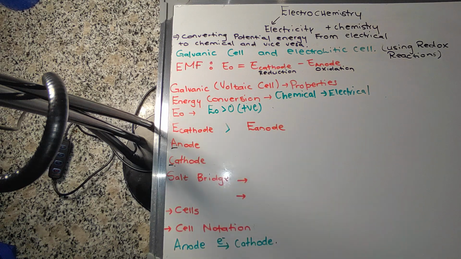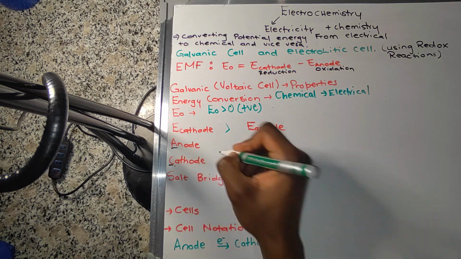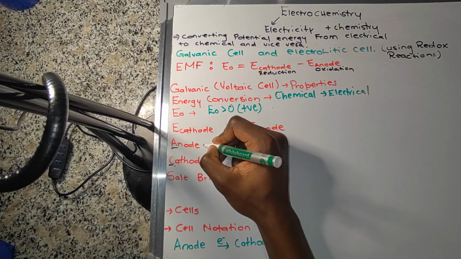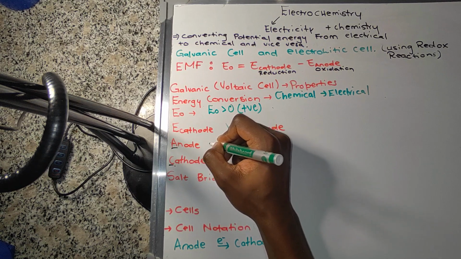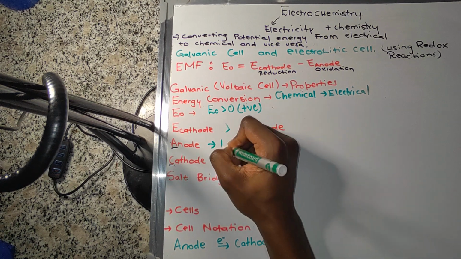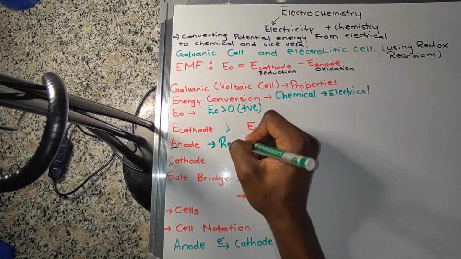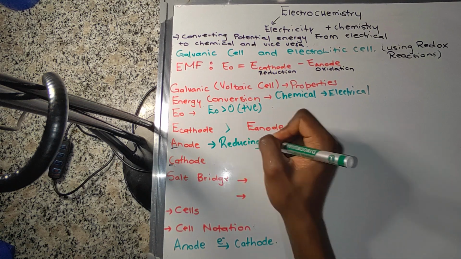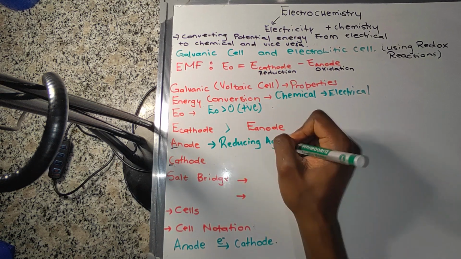So an anode is given a special name in this chapter. I've defined an anode and the cathode in the previous chapter. So the anode is given another special word here. We call this one a reducing agent.